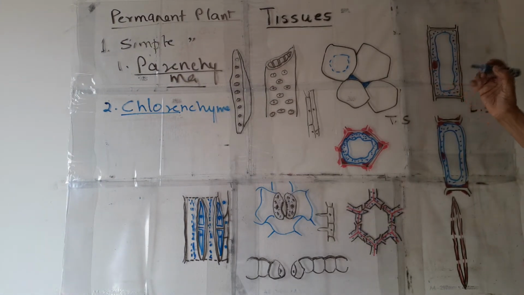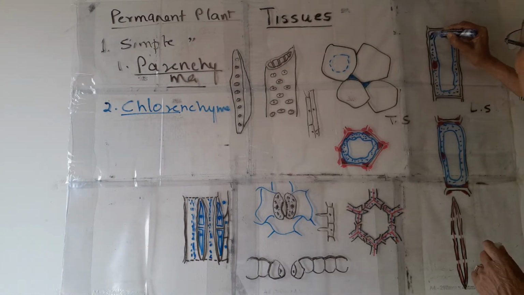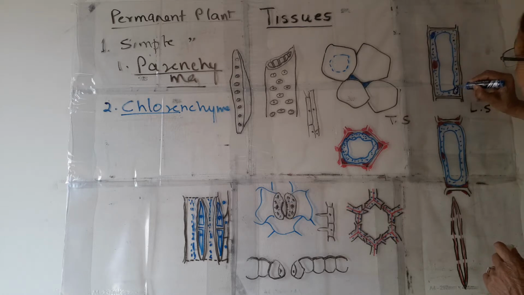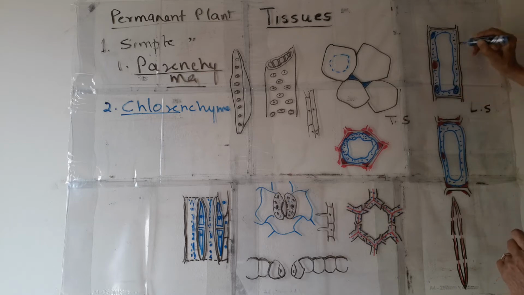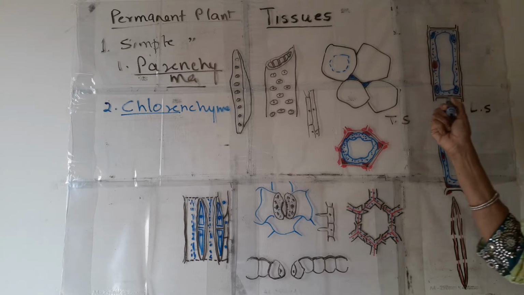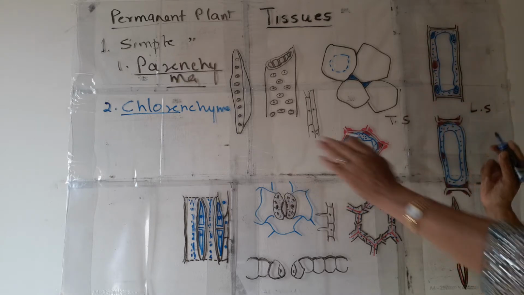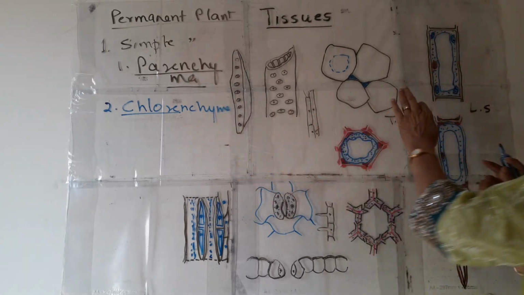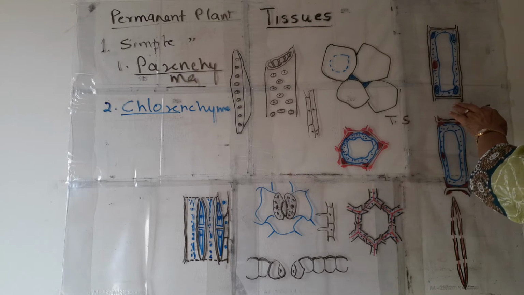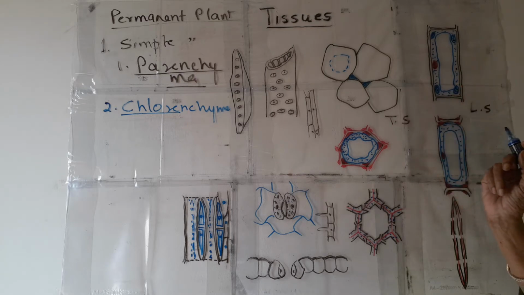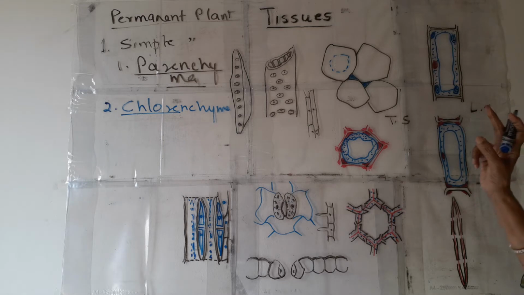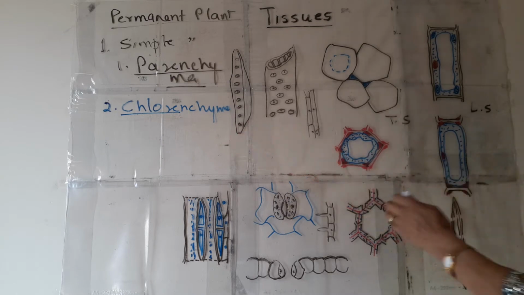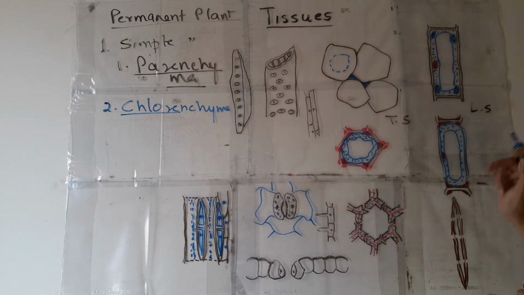Chloroplast is an organelle found in plants. You know this. So chloroplast having chlorophyll are also present within the cell. That's why it is known as chlorenchyma. And if parenchyma has chloroplast, it can photosynthesize. It helps in photosynthesis and food is formed by this chlorenchymatous parenchyma. So this is the second type.